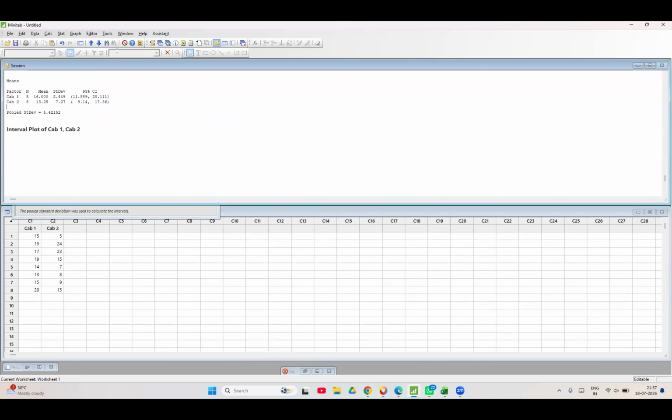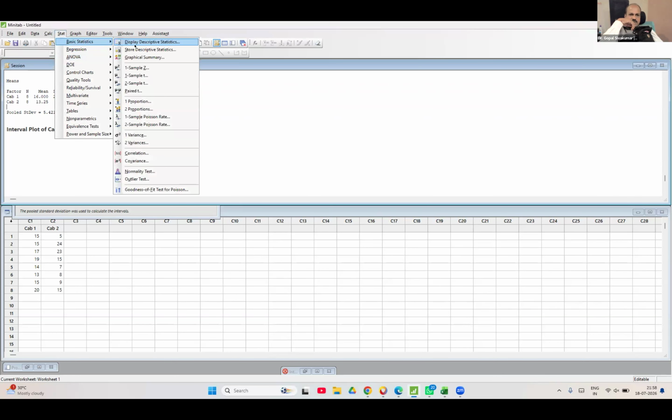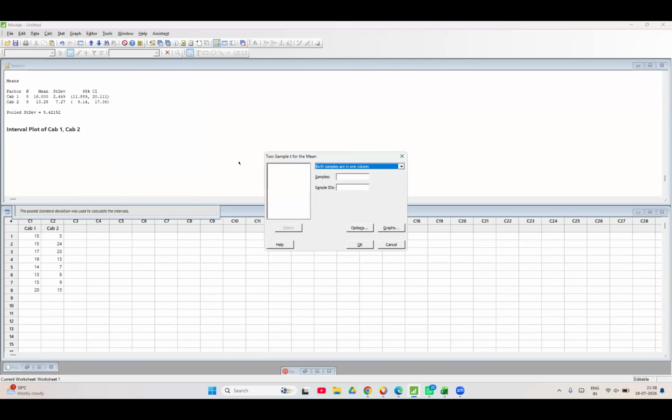Can I try, sir? Can you solve it? Do it using two sample t-test. Stat, Basic Stat, two sample t. Both samples in one column, or separate columns? Different columns.